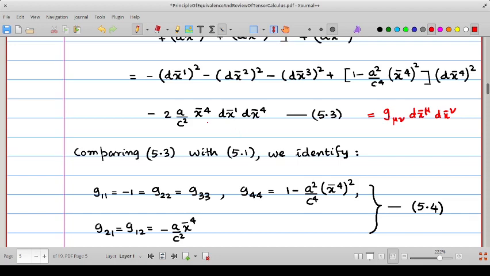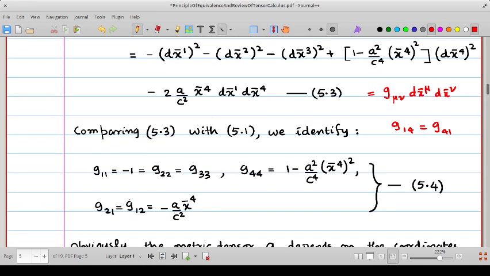And then there is this cross term involving x bar 1 and x bar 4. And since this metric tensor is taken to be symmetric, we can see that this is coming from two terms, that is g14, which is also equal to g41. So we will take g14 to be half of this and g41 to be half of that.